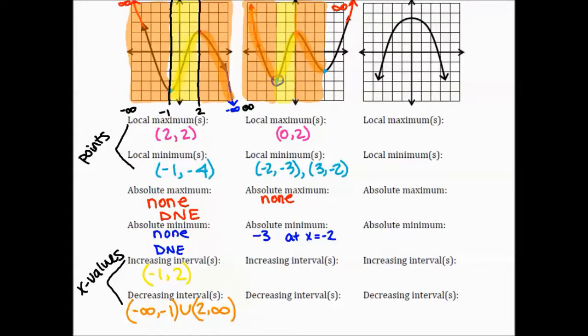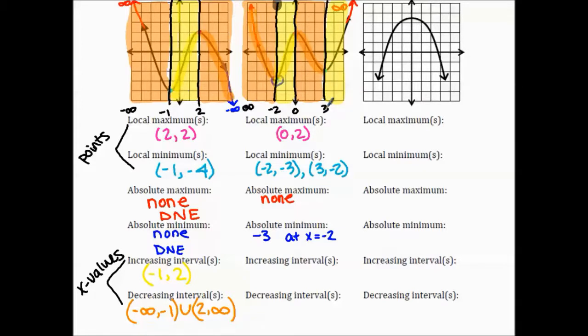Then the last section is increasing. So if we look at where all of these changes are from increasing to decreasing, this change is at -2, this changes at 0, and this changes at 3.